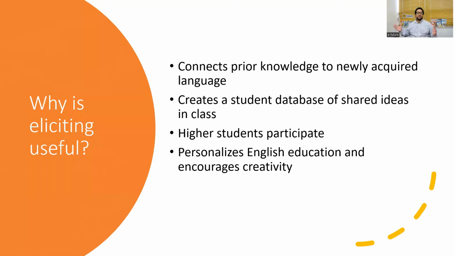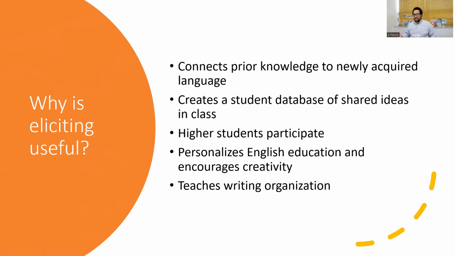So every student is going to get the same book. Every student will get the same information, but then they will take that information and morph it into something that fits them. And this is how we encourage creativity, because we want them to connect the English language to their own experiences. And elicitation actually teaches writing organization, which is something that is very difficult to teach.